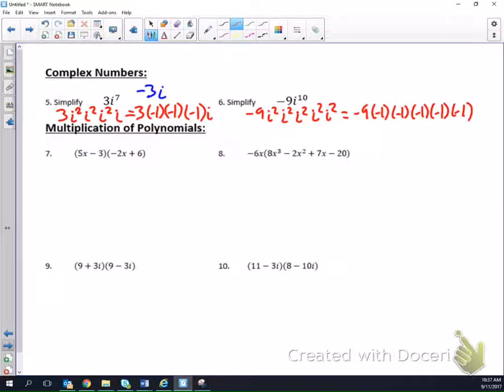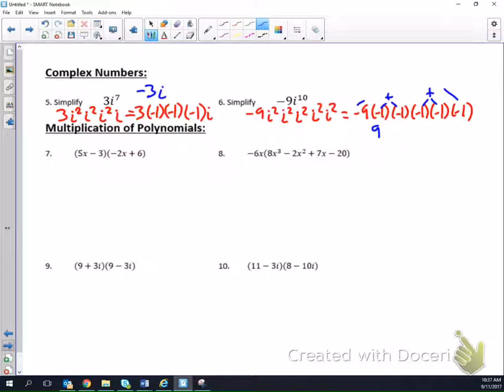All right, so each -1 multiplied together would become a positive. We're going to times it by another negative, but the 9 is also a negative. So that negative would come together for a positive, and we just get out of all of that positive 9.